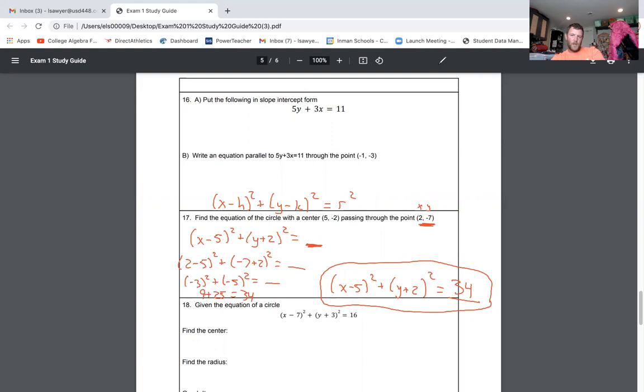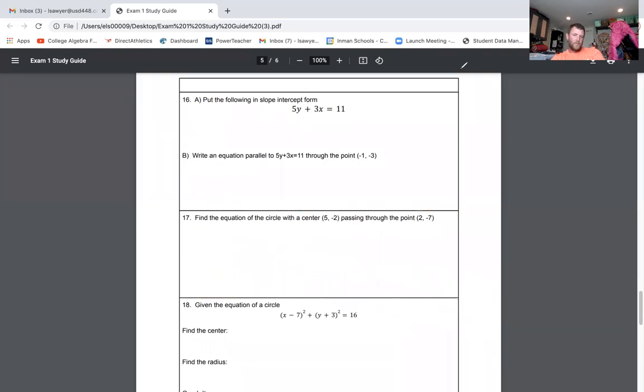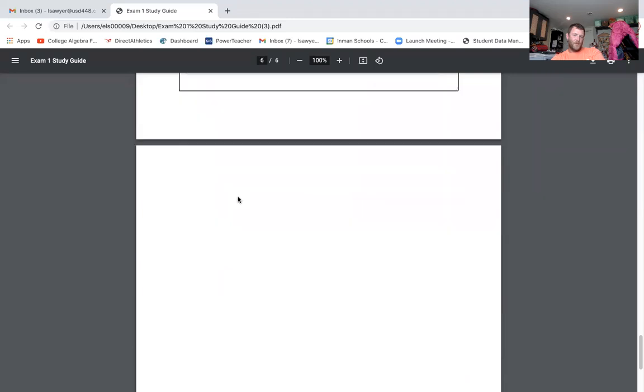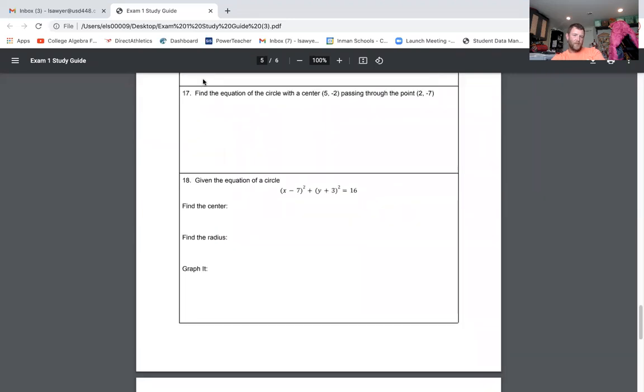Okay. Last question, number 18. Given the equation of a circle, you got to find the center, find the radius, and graph it. Remember, your original equation is x minus h squared plus y minus k squared is equal to r squared. So 16, let's do that one first, is equal to r squared.